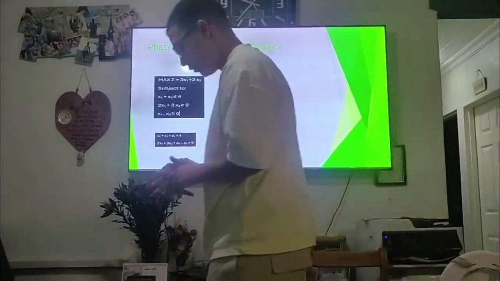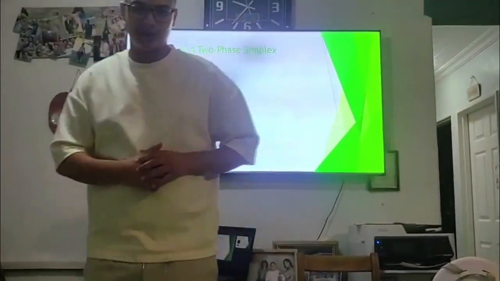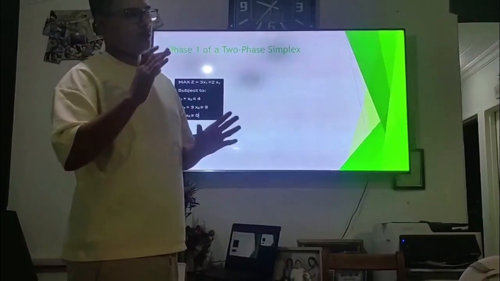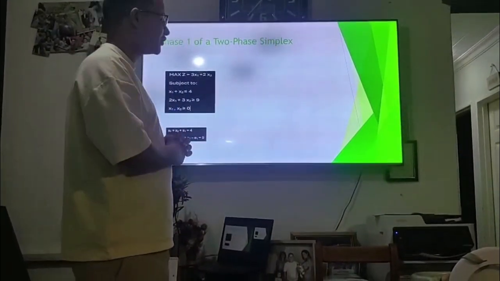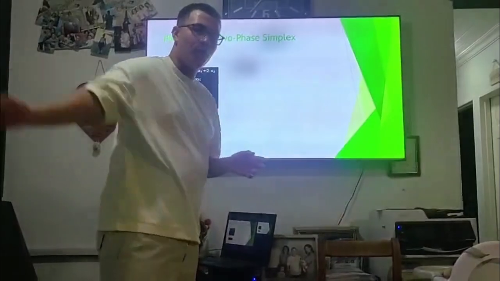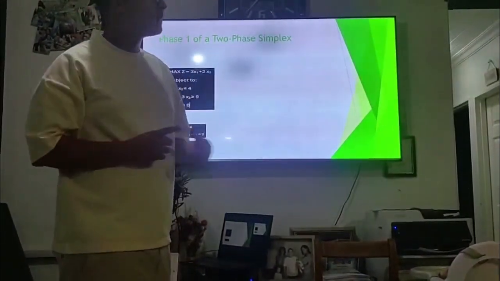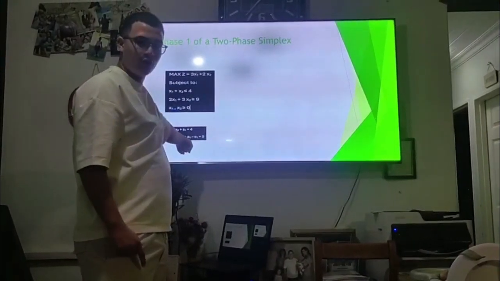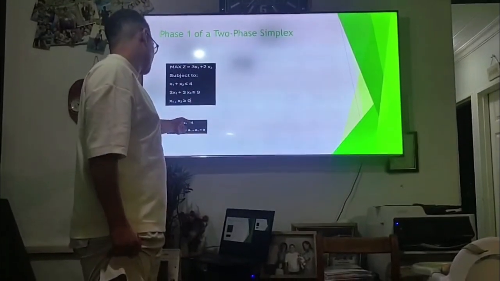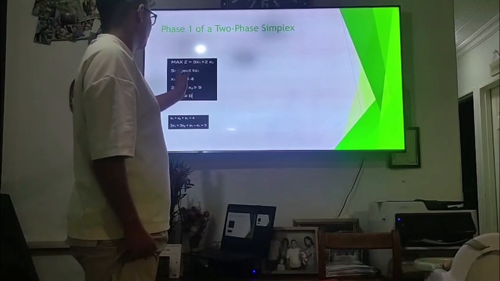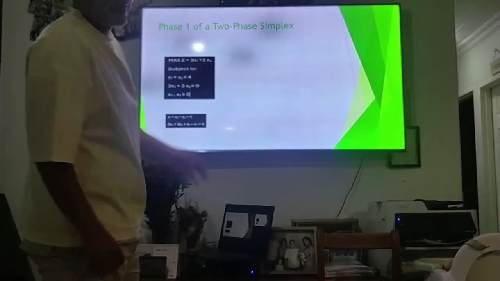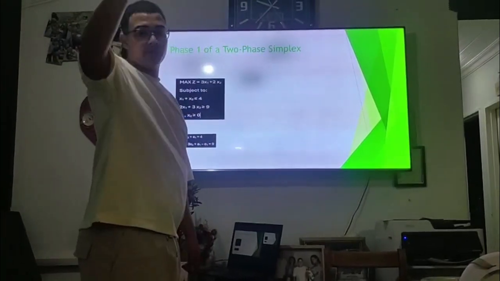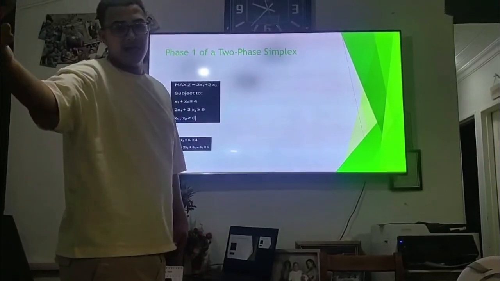Now that we have transformed our constraints, we need a W row, or a W function. Our W function is basically the sum of all our artificial variables. To get that, you make everything equal to the artificial variable, so this will change to 9 minus 2x1 minus 3x2 plus our excess, and then you add that to any other artificial variables you may have in your LP.